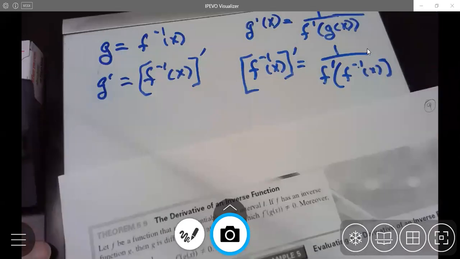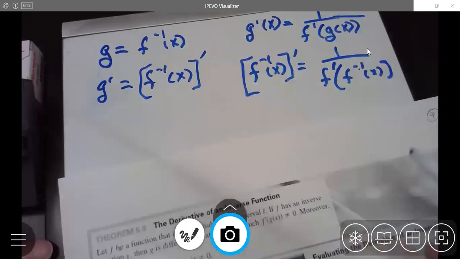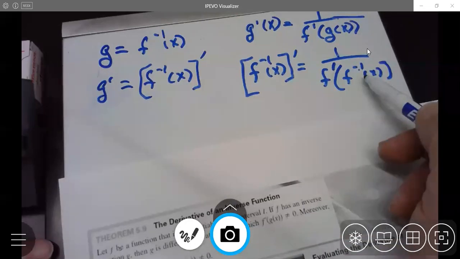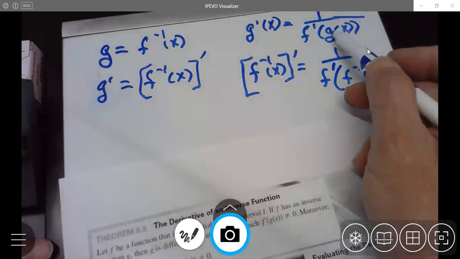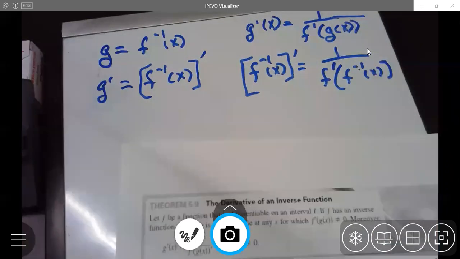Okay, where f prime and g are not equal to 0, because if they were, then you would have undefined here, right? Okay, so let's see how we're doing.